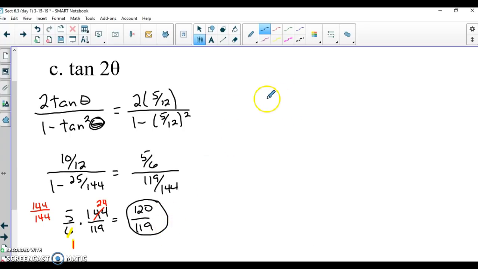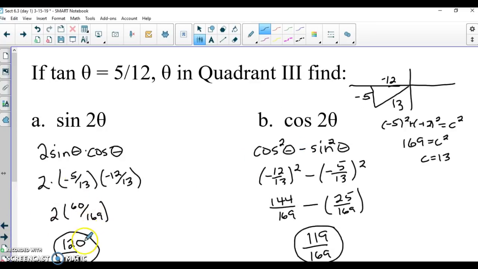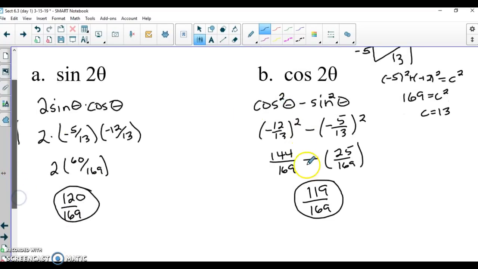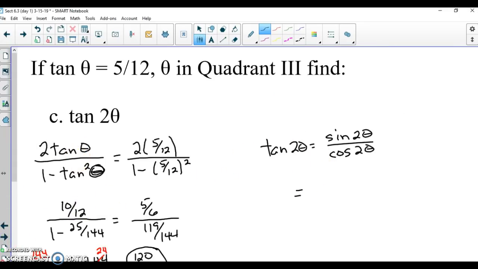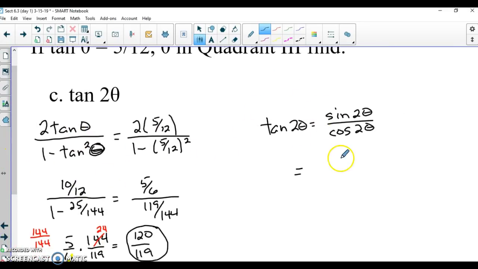Now you may have noticed, a few of you may have noticed, well, tangent of 2 theta can always be written as the sine of the angle over the cosine of the angle. So we got sine of 2 theta over cosine 2 theta. Well, we actually already know those from the previous slide. Sine of 2 theta is 120 over 169. Cosine is 119 over 169. So I could have used those right away. Doesn't matter.